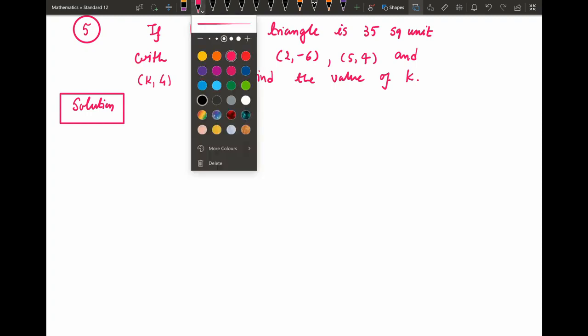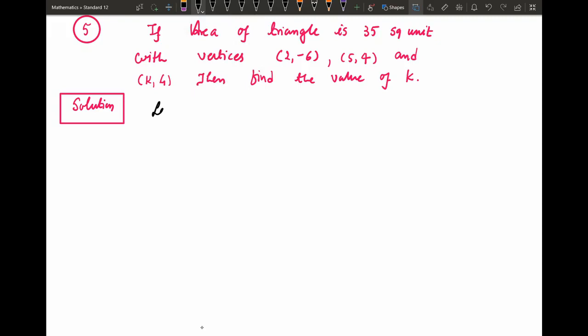First we give names to the vertices. Let A be 2, minus 6, B be 5, 4 and C be k, 4.